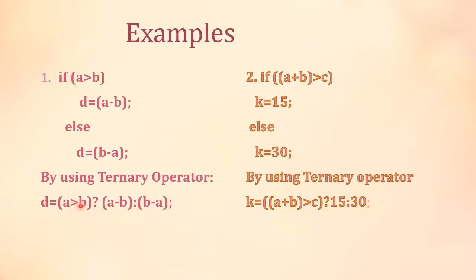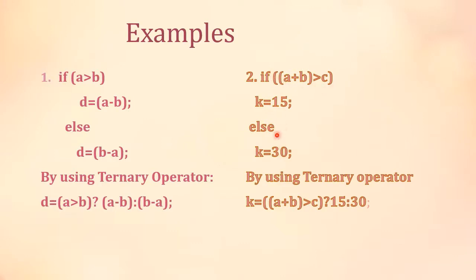If this condition fails, then it comes to the else part, where D is assigned B minus A. This B minus A we have to write here. In the else part, whatever the statement is, you write it after the colon, and the if-part statement goes after the question mark. Understood?